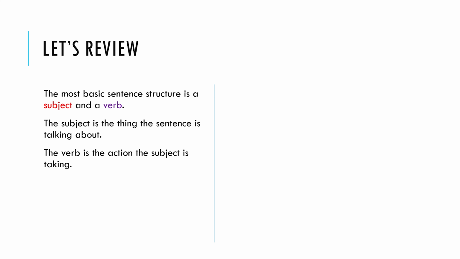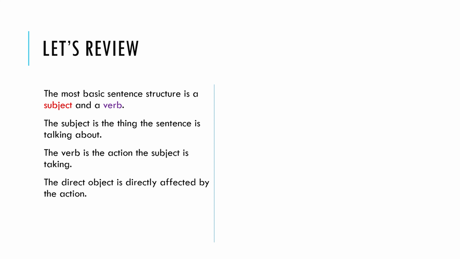But it's the action. And then we added the direct object, and that is the thing directly affected by the action. We don't always have a direct object in every sentence, but if it's an action word like hit or throw or punch or build or whatever, then you could very easily have a direct object, and that's a thing directly affected by the action.